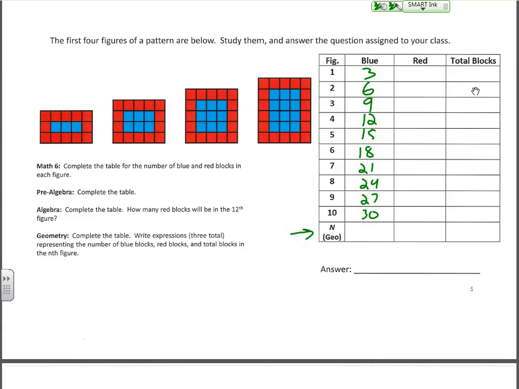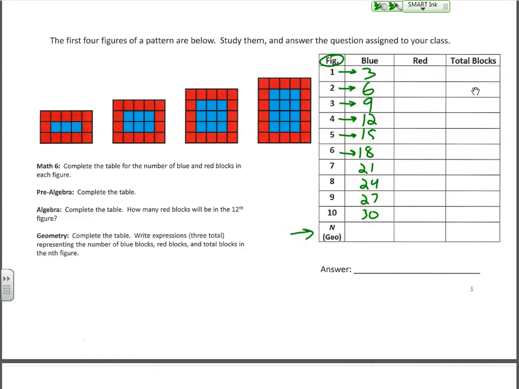And what you're looking for here, when it says write an expression for the number of blue blocks in the nth figure, I want to plug in the figure number into your expression and have the output be the number of blue blocks. So what's the relationship between 1 and 3, the figure number and the number of blue blocks? Between 2 and 6, 3 and 9, 4 and 12, 5 and 15.